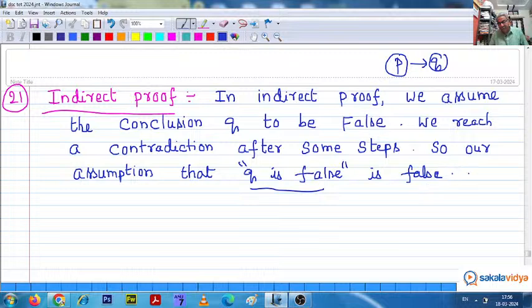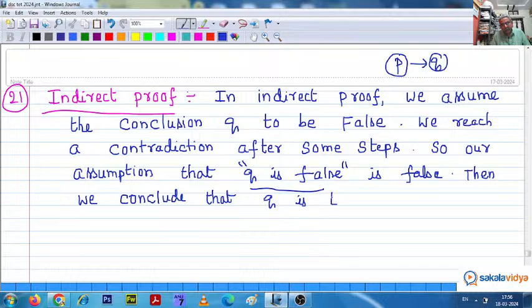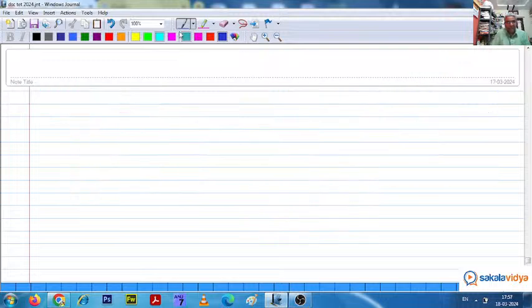Then we conclude that Q is true. That means negation of negation Q, indirectly. Q is false, negation of negation Q is always true. So, that means Q is true, that we are going to prove.